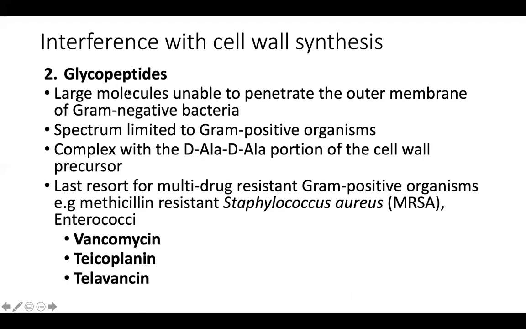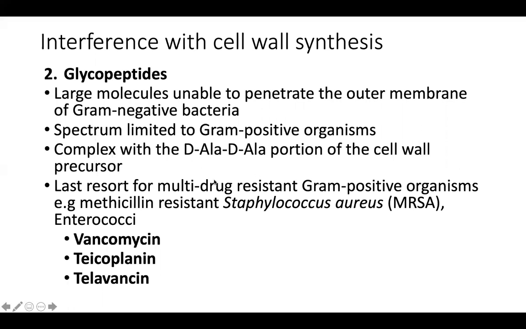Now, someone was asking about the glycopeptide mechanism of action. It forms a complex with the D-alanyl portion. This D-alanyl transpeptidation is important because it's what links different chains together and forms a very strong peptidoglycan layer.